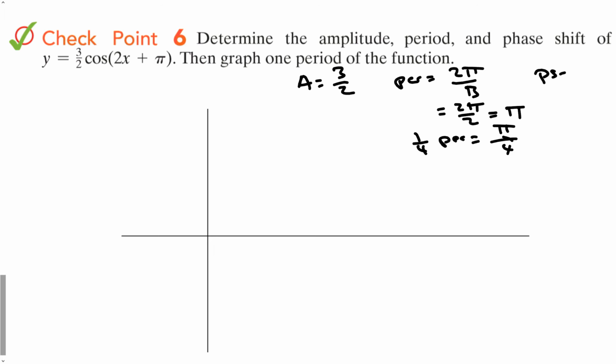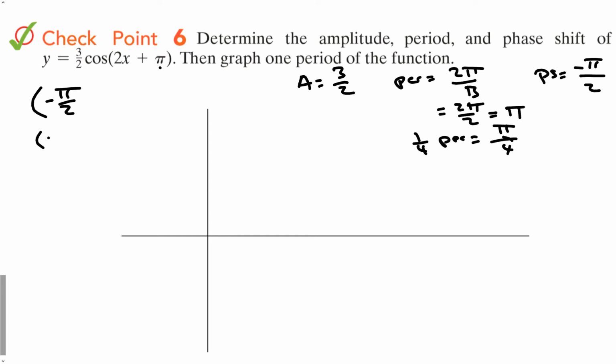Phase shift is going to be c, negative pi, right? It's negative because I want this function to go left, over 2, negative pi over 2. Okay, key points. Start at the phase shift, negative pi over 2. Next, take that phase shift and add a quarter of the period.